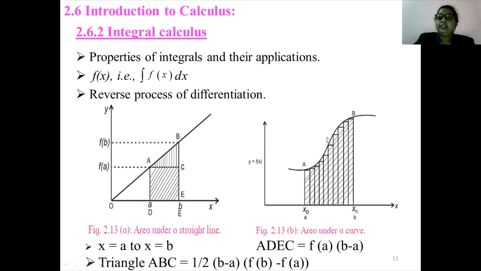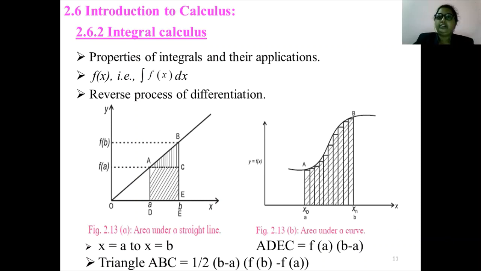Then the second graph shows another function of x, and we do not have a simple formula to calculate the area under this curve. So, for this calculation, we use a simple trick.